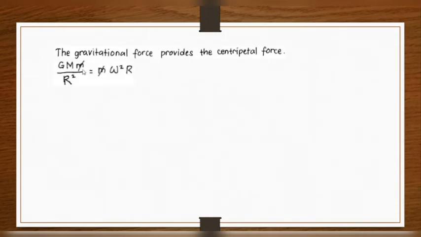So this small m, we can cross them out. Here we can substitute omega with 2 pi over period. So GM over r squared equals 4 pi squared over T squared times r. So we will have r cubed equals GMT squared over 4 pi squared.